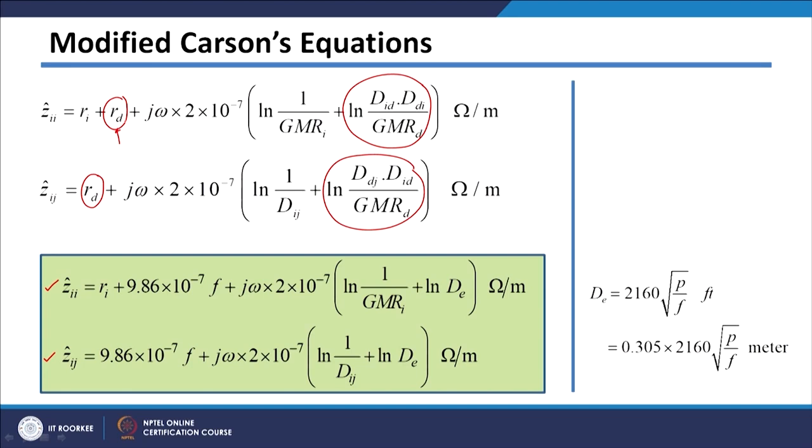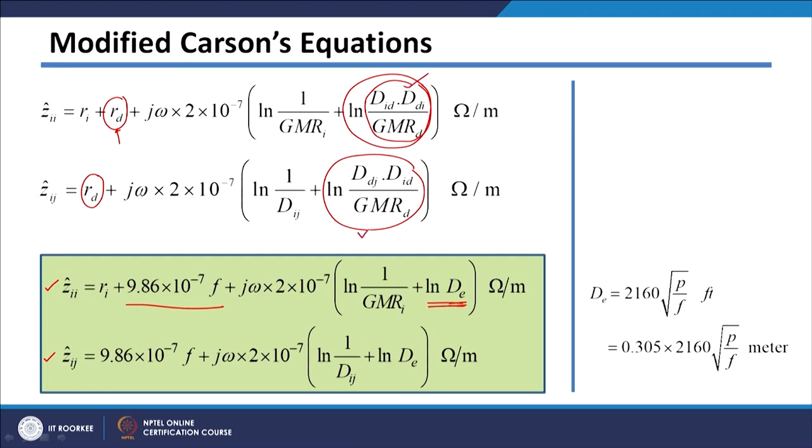So, this R_d is represented by this term here, that is 9.86 times 10 raised to minus 7 multiplied by the frequency of operation, and this natural log multiplied by these distances and GMRs can be represented by equivalent depth of earth return. So, we can replace this whole natural log term using natural log of D here.